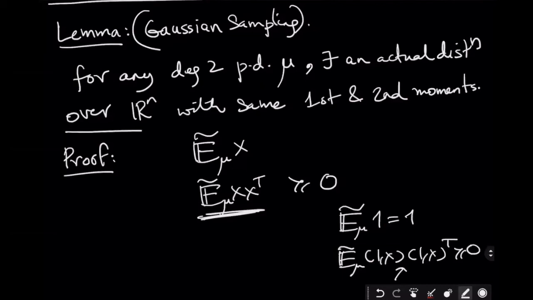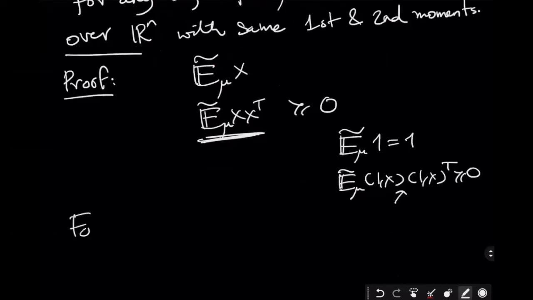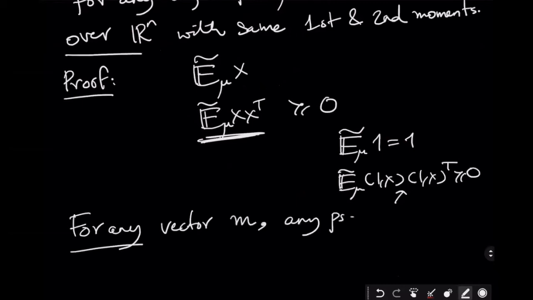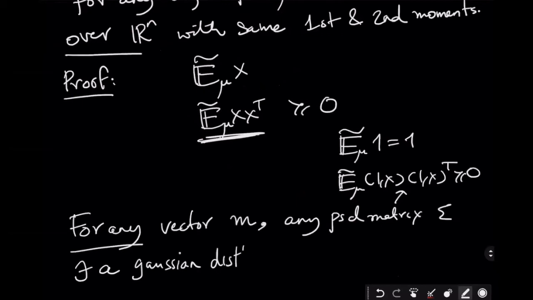And the only observation now is that for any vector, let's say M, not a great notation, and any PSD matrix, let's call it sigma, there exists a Gaussian distribution with mean M and covariance sigma.